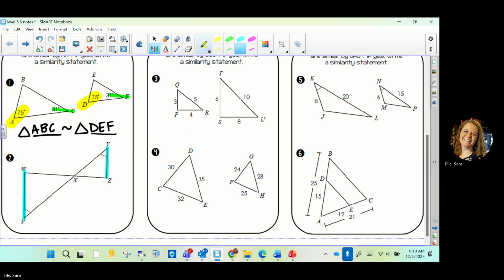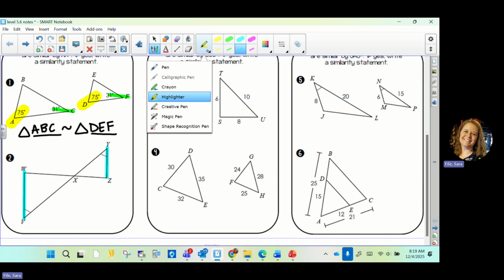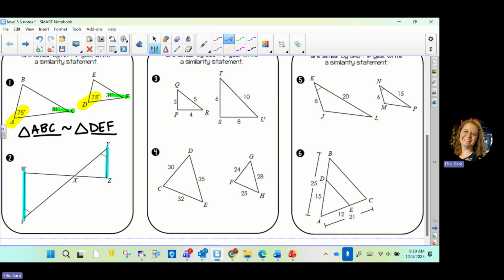Because we know that in the middle there at the intersection, I know that these 2 angles are congruent because they're vertical angles. Anytime you have an intersection and there's angles across from each other, they're vertical angles. They're congruent to each other. So that's one set of corresponding angles.